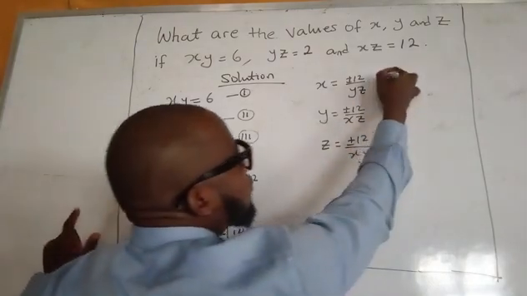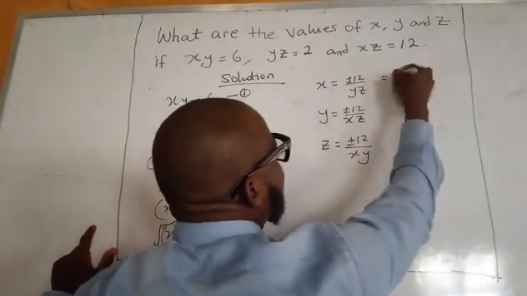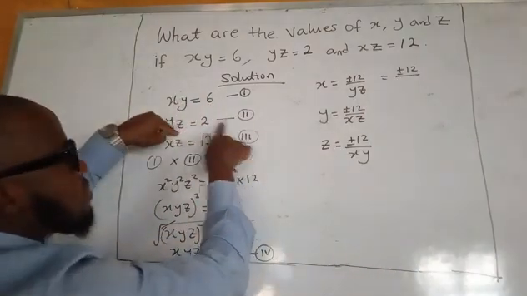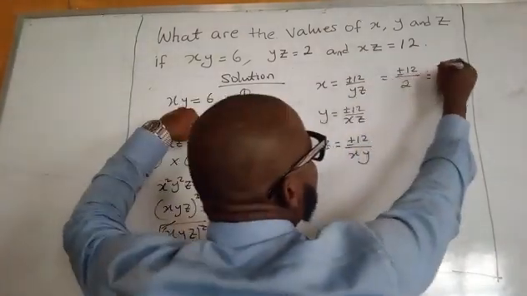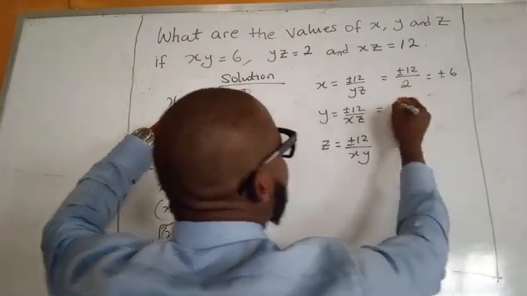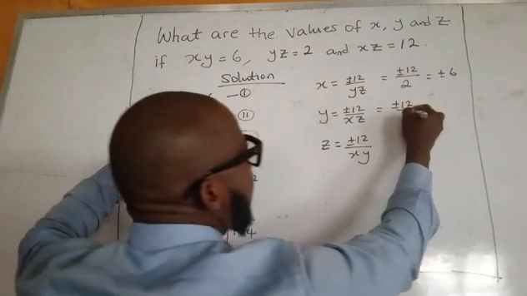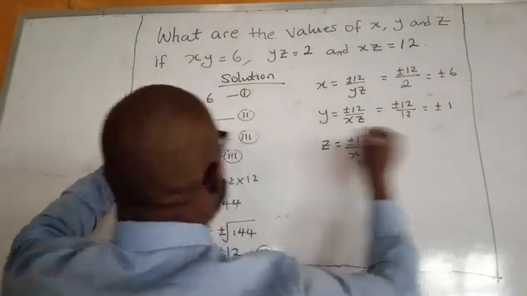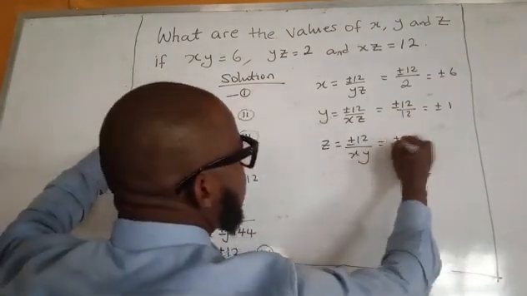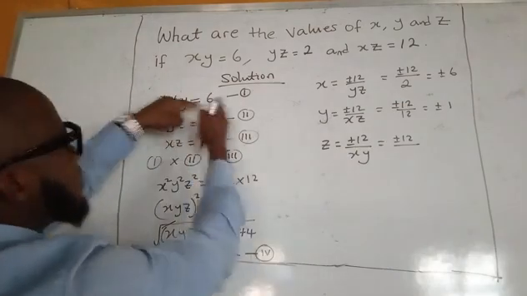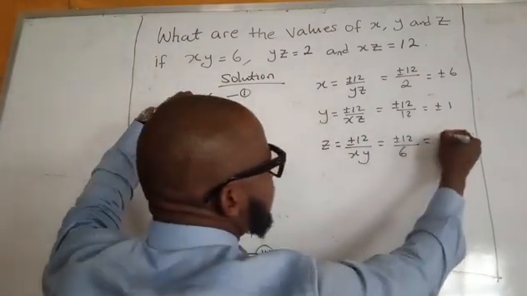So from this, doing substitution straight away: plus or minus 12 over yz, from equation 2 I have 2 here, this gives plus or minus 6. Then for y, I have plus or minus 12 over xz, which is 12, giving plus or minus 1. And the last one is plus or minus 12 over xy, which is 6 from equation 1, giving plus or minus 2.